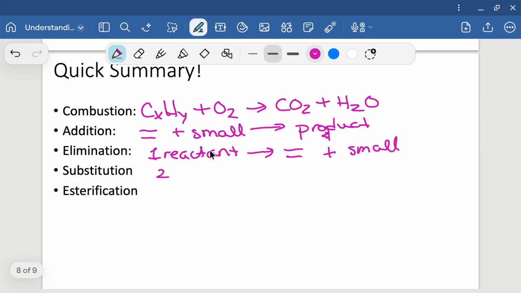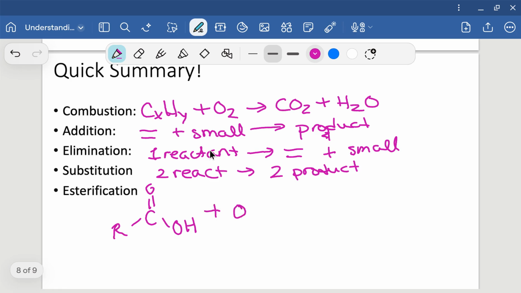Substitution, you have 2 reactants and you will have 2 products. And within your reaction, just something swaps places. And then the last one, esterification, you have a carboxylic acid being added to an alcohol, and that will form your ester and water.